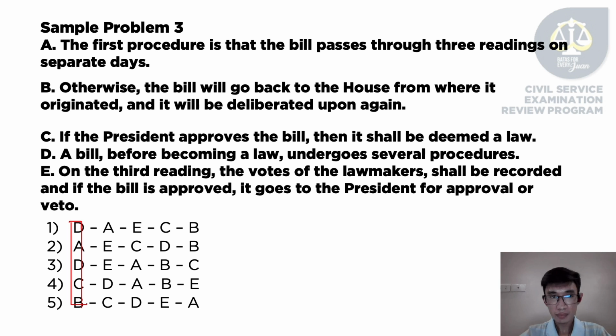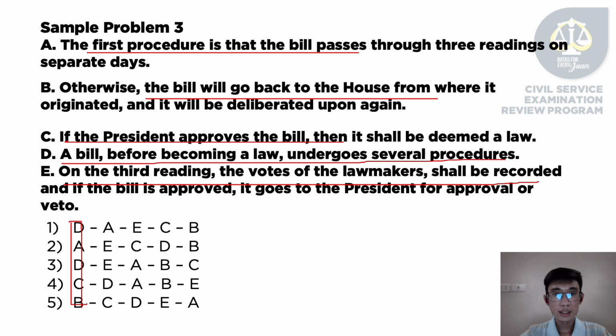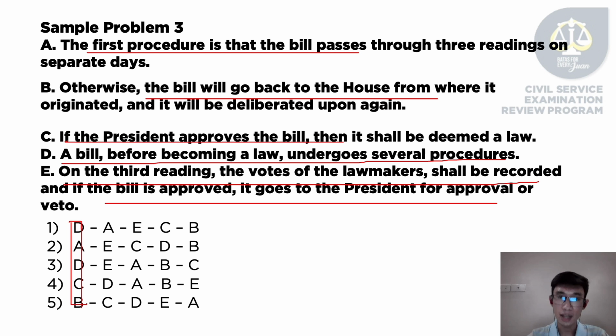So, talks about first procedure of the bill, to go back to the house if the president approves it, bill undergoes a procedure, and on the third reading, the votes shall be recorded, and if the bill is approved, it goes to the president for approval. So these are the ideas.